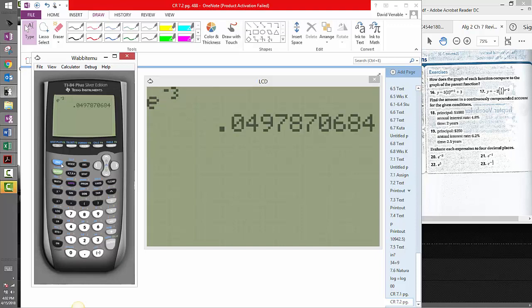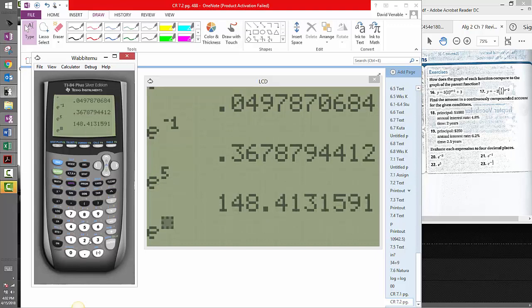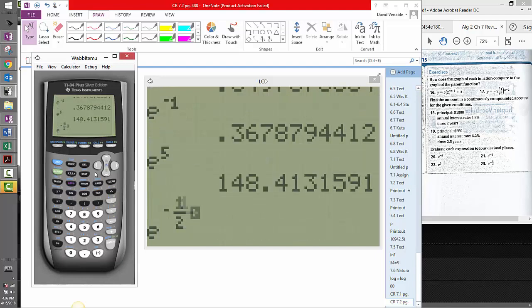Number 21, you take E and raise it to the power of -1. Next one, you take E and raise it to the power of 5. Next one, you take E and raise it to the power of negative. I'm going to make this pretty. I'm going to hit alpha, y equals, put 1/2 and then hit enter.